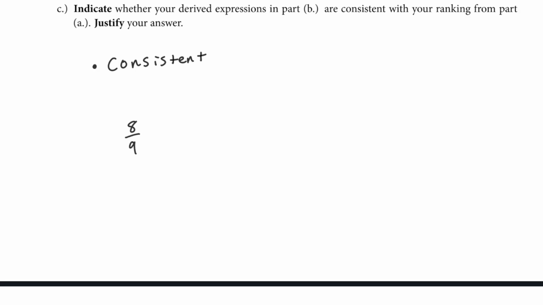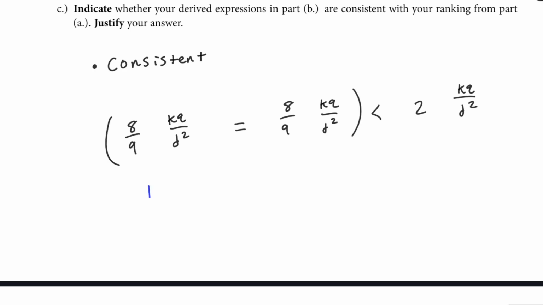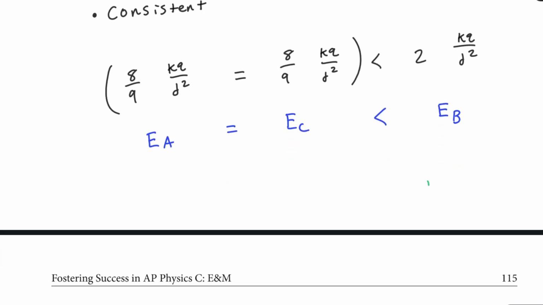Because we get 8 ninths kQ over d squared, which is the same as 8 ninths kQ over d squared, which is less than 2 times kQ over d squared. So we see that EA was equal to EC, which was less than EB, as expected.